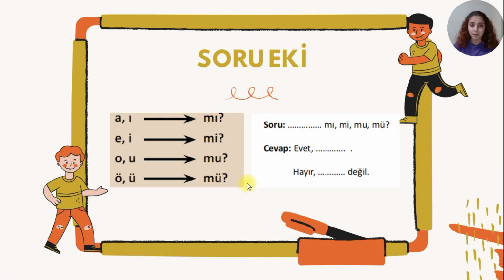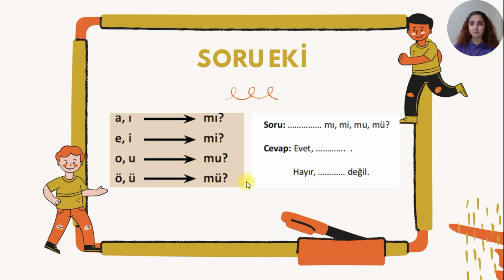If you're asking a yes or no question, it means your answer will be yes or no. You will ask in situations like, is this a table? Is the weather cold? Or are you available? Those kinds of questions require mı, mi, mu, mü.